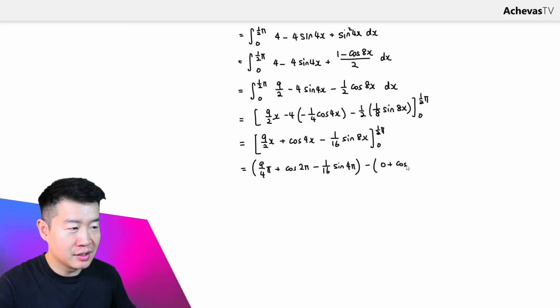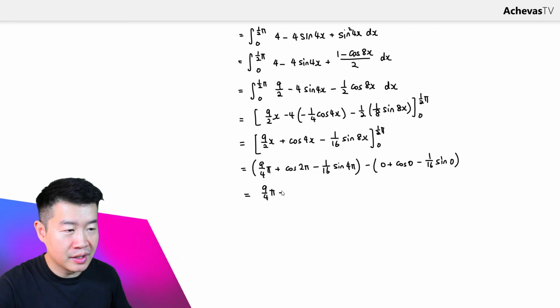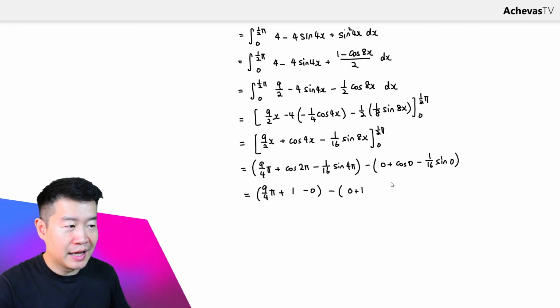Then plus cosine 0 minus 1 over 16 sine of 0, which is going to be equal to 0. So we have a 9 over 4 pi plus cosine 2 pi is 1. This is 0. So we have this minus away. This is 0. This is going to be equal to 1, and this is going to be 0. So we have a 9 over 4 pi plus 1 minus 1. My final answer is going to be 9 over 4 pi.